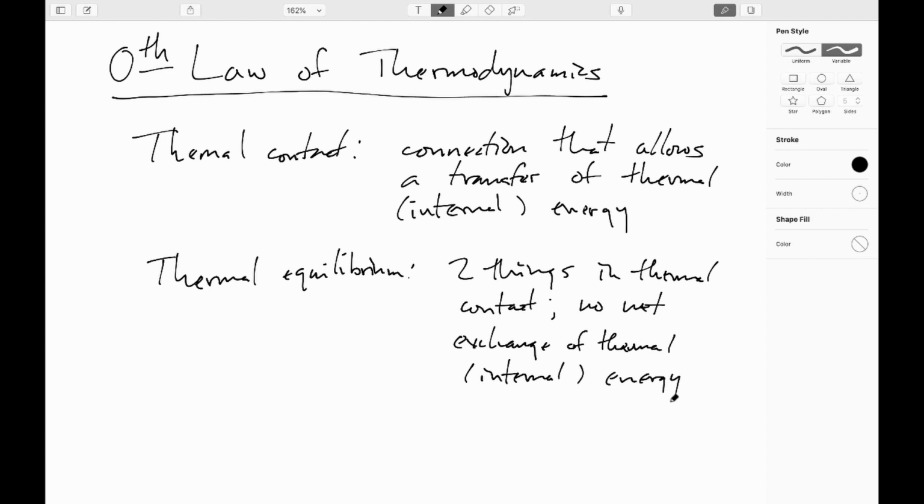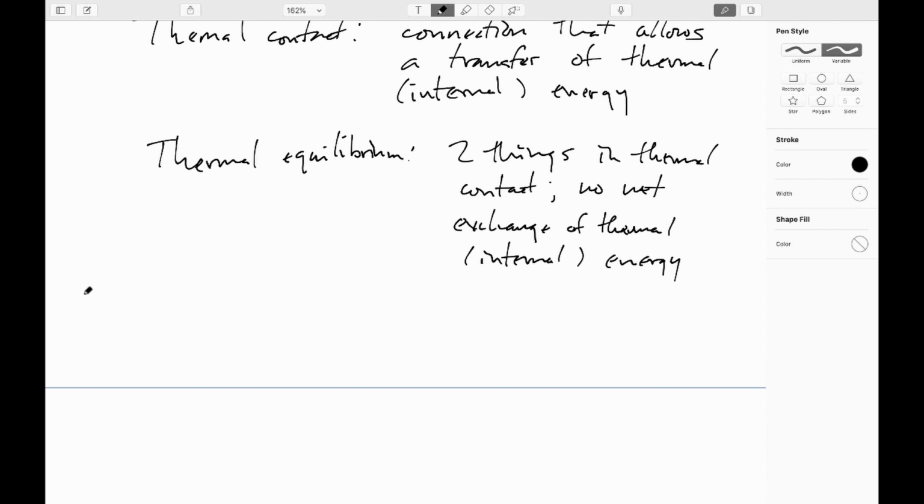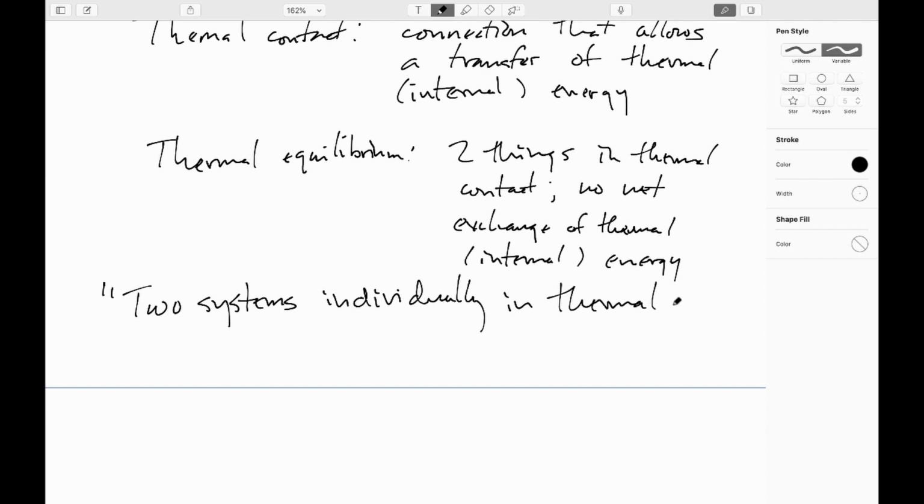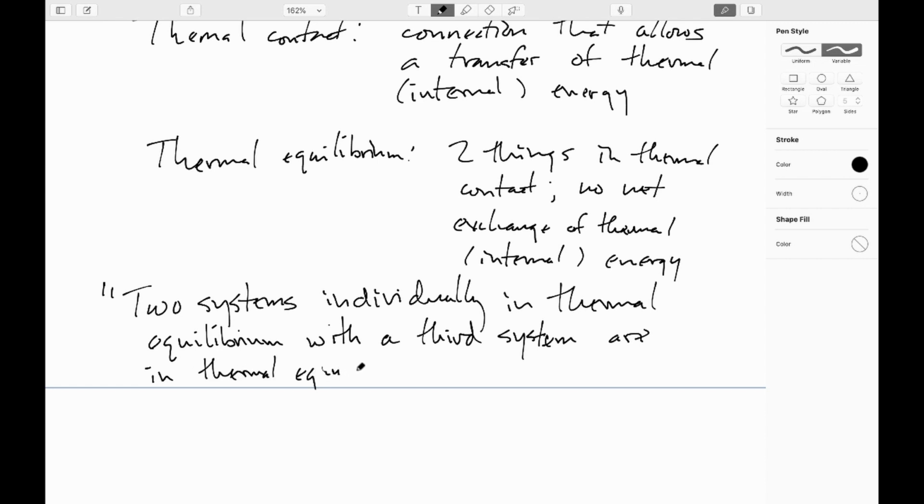So with all of that, we can now finally state the zeroth law, which says two systems individually in thermal equilibrium with a third system are in thermal equilibrium with each other.